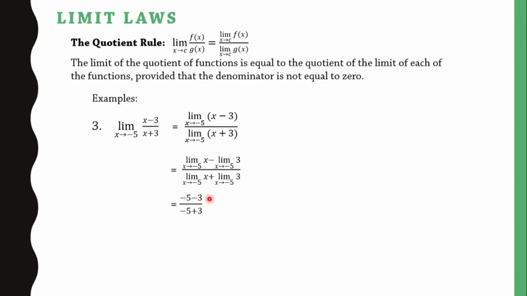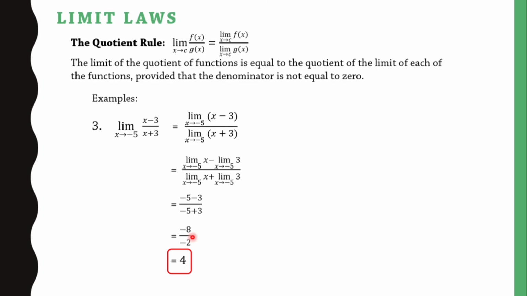So that's negative 5 minus 3 divided by negative 5 plus 3. Negative 5 minus 3 is negative 8, divided by negative 5 plus 3, that's negative 2. So negative 8 divided by negative 2 is positive 4. So the limit of x minus 3 over x plus 3 as x approaches negative 5 is positive 4.